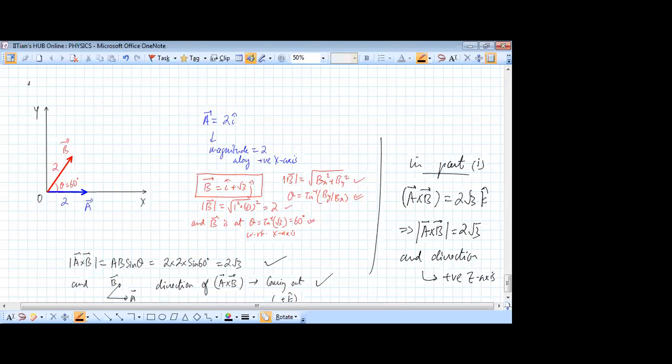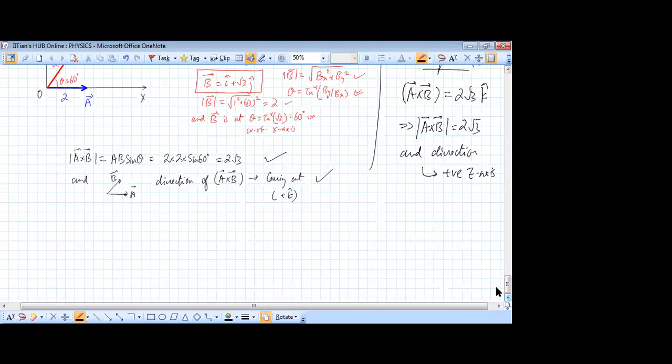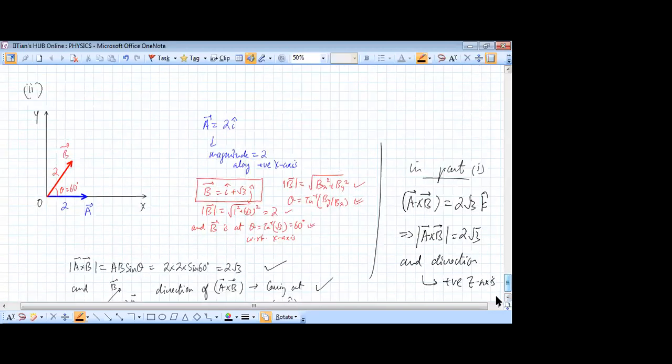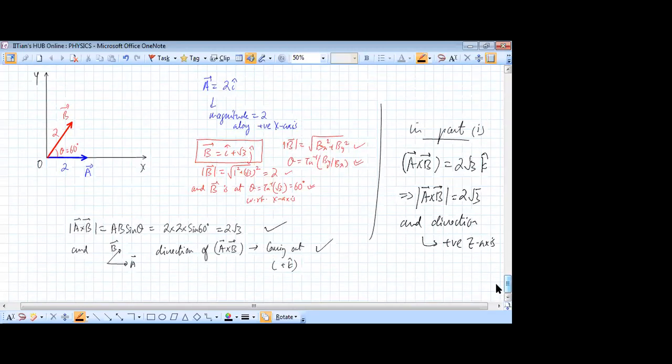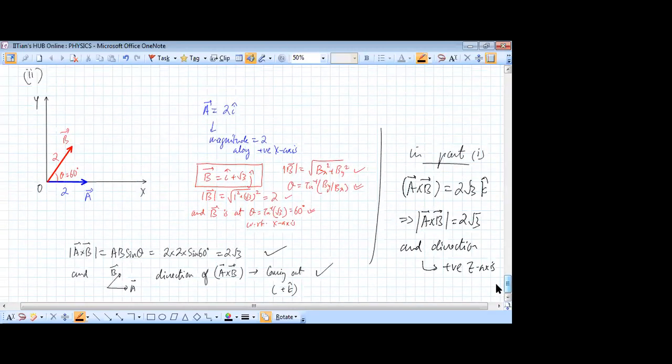So this is the same information that you're getting by drawing it geometrically. So it verifies the geometrical method also. Okay, so hope this is clear to all of you.